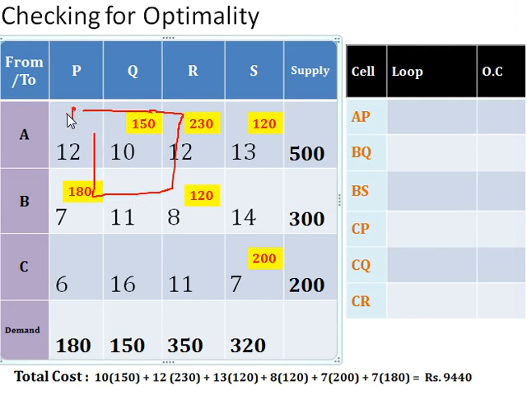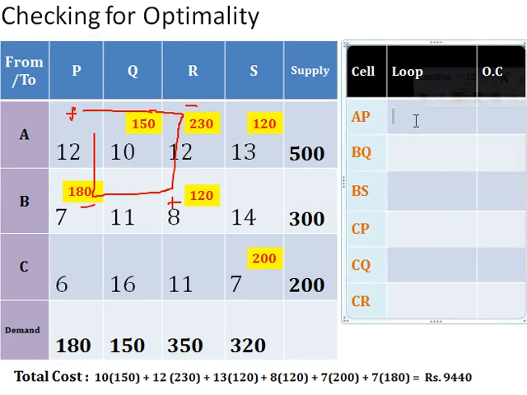So assigning a plus minus alternatively at each corner and calculate the loop summation. Twelve minus 12 plus 8 minus 7, and that will be equal to 1, and opportunity cost will be minus 1.